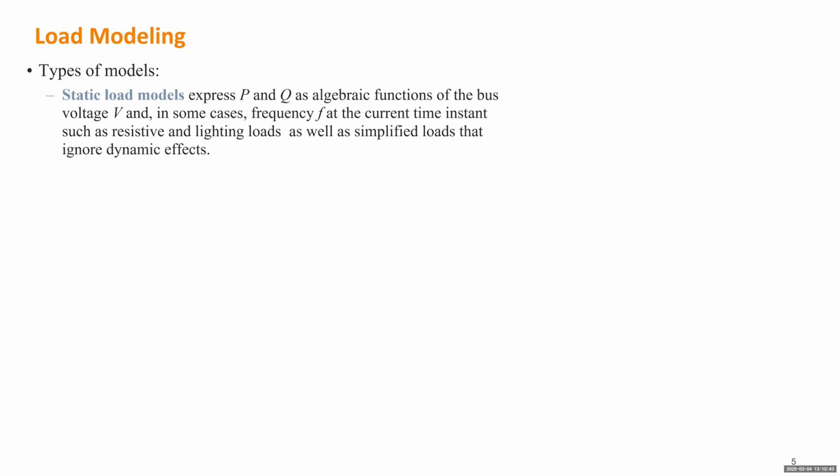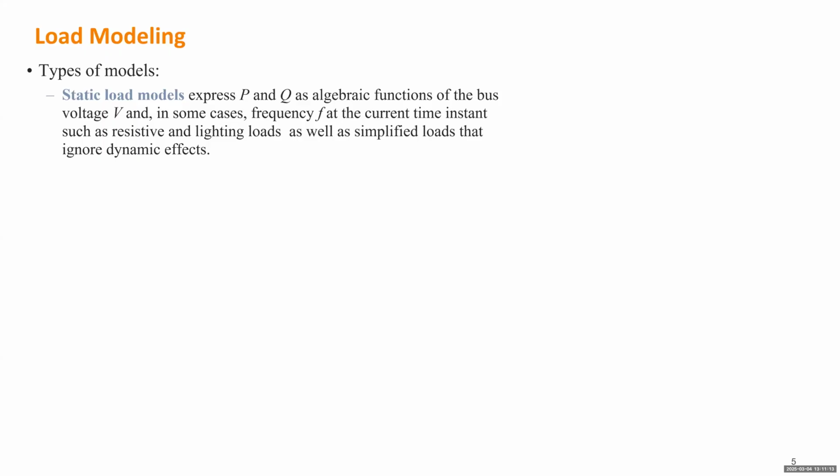And the P and Q are both functions of the voltage right now, for the current instant. If the load also depends on frequency, you can also add the frequency as a variable. But pretty much P and Q will be functions of V and f. It doesn't depend on time, and it doesn't rely on any history from past instants.